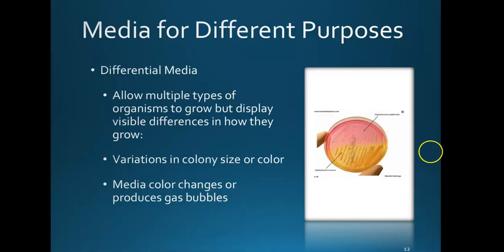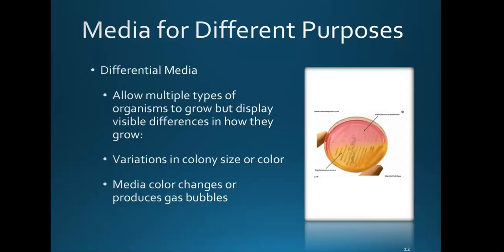So the bacteria growing on the bottom half has changed the color of the plate. This allows us to differentiate between the two different bacteria, because we can physically tell the differences between them, right?